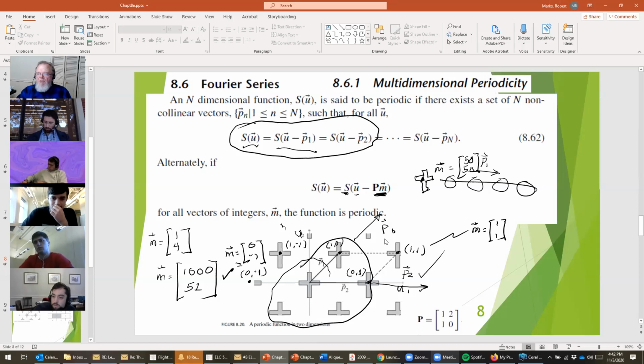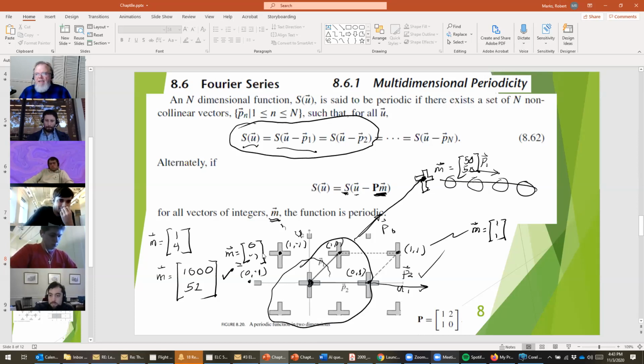So this definition of periodicity says if we take this original two-dimensional function and we shift it to be centered, this is the old origin, this is the new origin, at the cross here, we're going to get exactly the same thing. So that's how we interpret this. And again, M must be a vector of integers. And this is the definition of periodicity in higher dimensions.